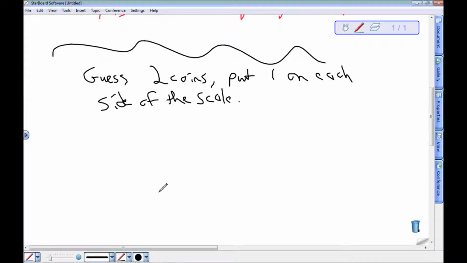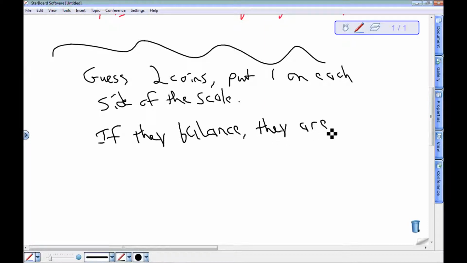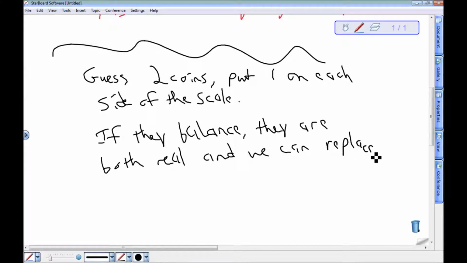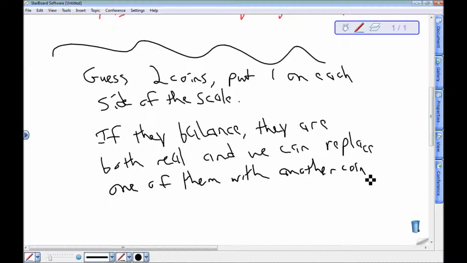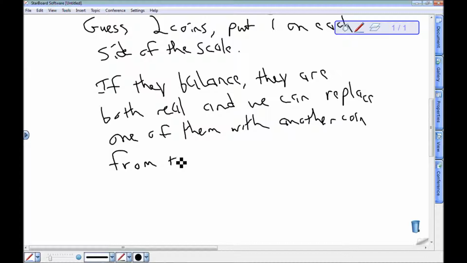So if they balance, they are both real, because they have the same weight.